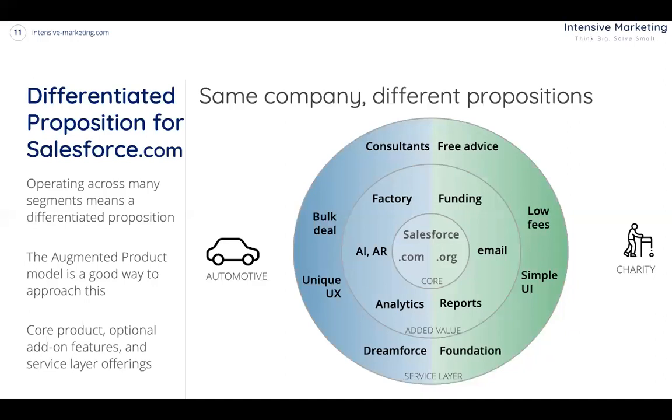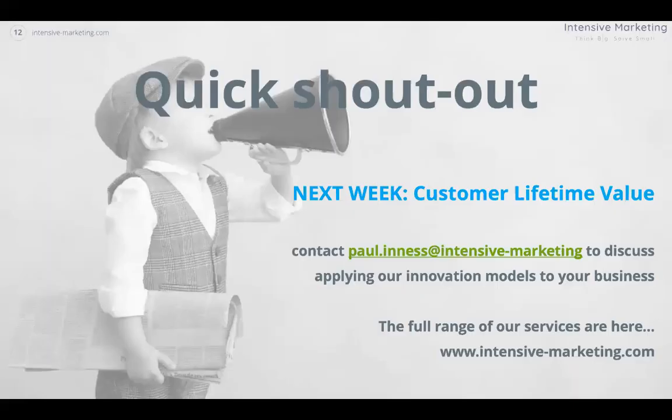And as you can imagine, the product is different, the pricing is different, the proposition is different, and the service layer offerings are different. And that all comes from understanding a different segmentation cube. So that's it. As promised, one business model, deconstructed, explained, reconstructed, applied.